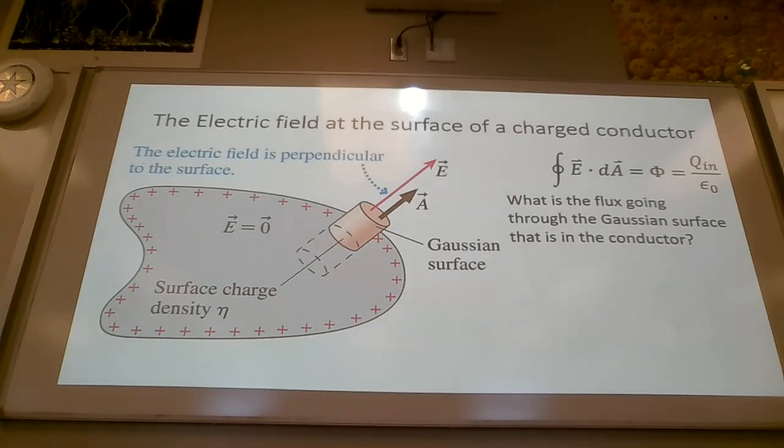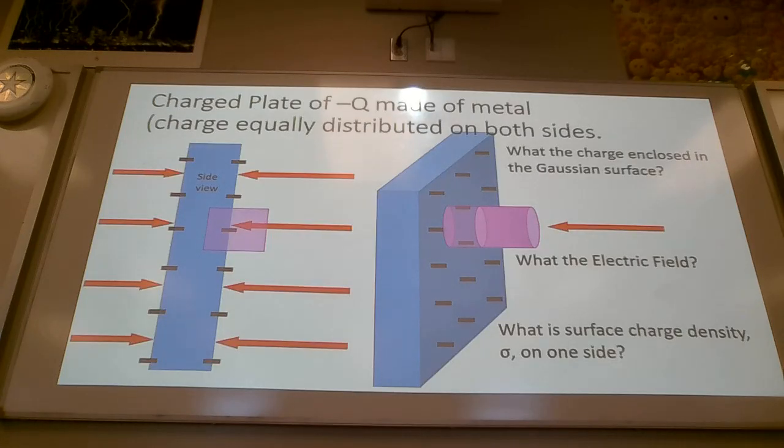All right, here we go. So, we have a negative plate charge Q, overall. So, figure out the Gaussian surface or the electric field. Figure all this out for one side.